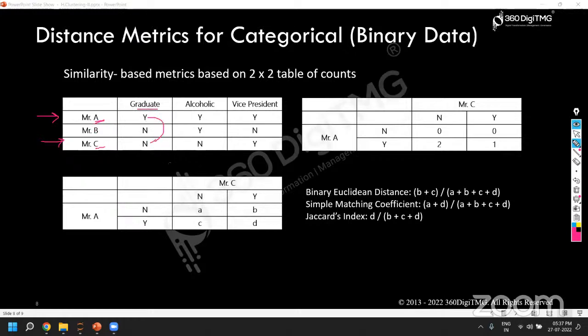No, right? C is not a graduate. So with respect to the graduate feature, that is X1, these 2 records are different. With respect to the alcoholic feature, again, they are different. And with respect to X3, vice president, we can see that they are similar. So the similarity can be measured as 1 out of 3, or dissimilarity can be measured as 2 out of 3. This is similarity. This is dissimilarity.